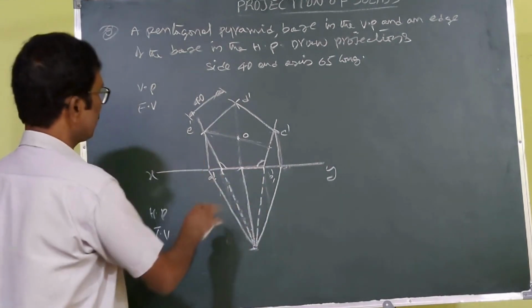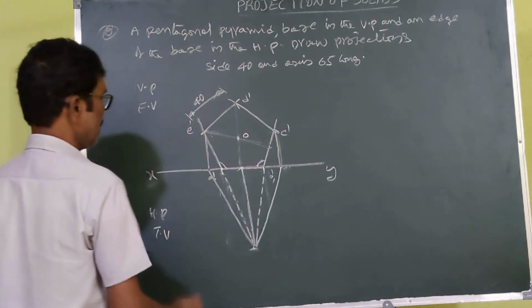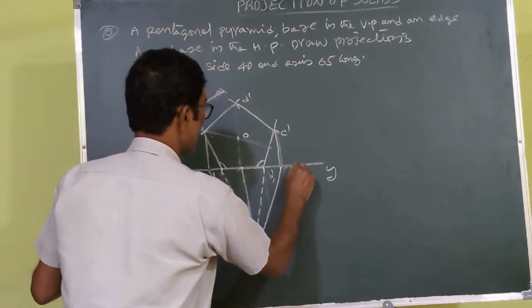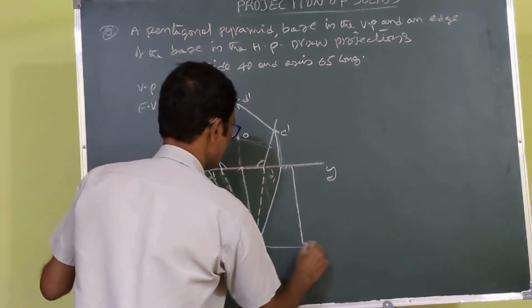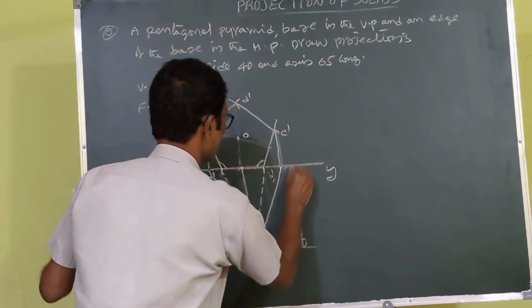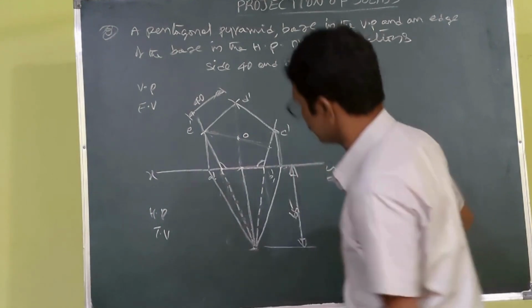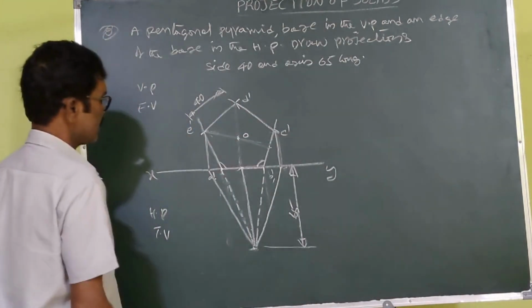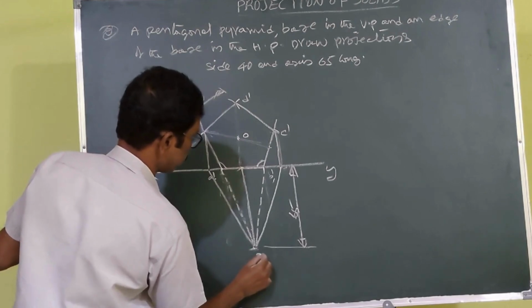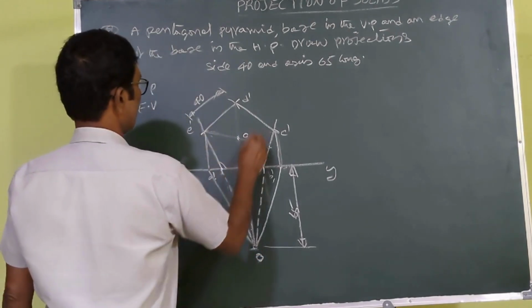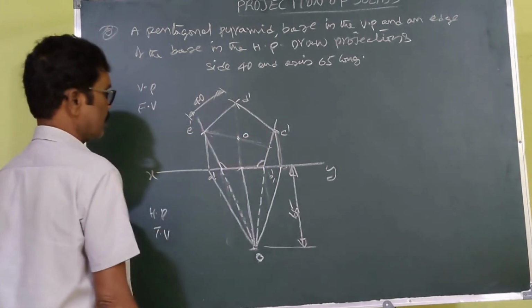Of course, below that there is the axis. This length is 65. This is the O.